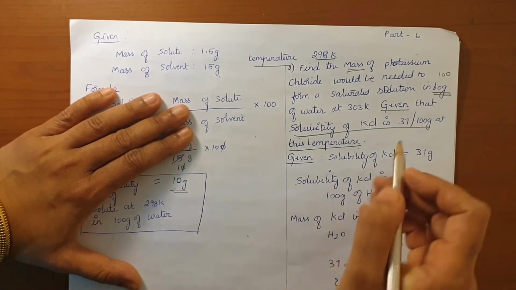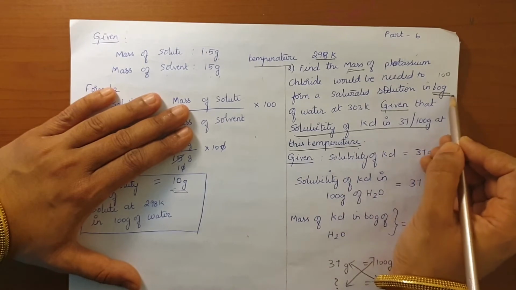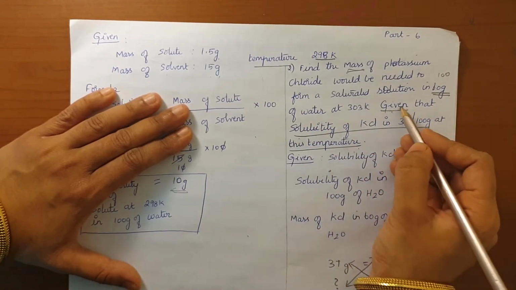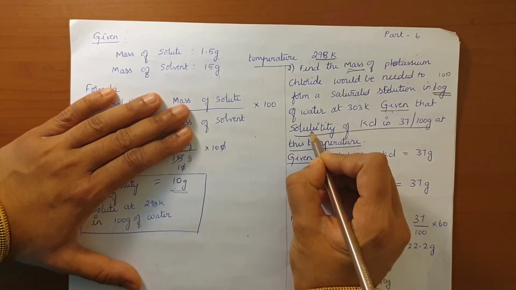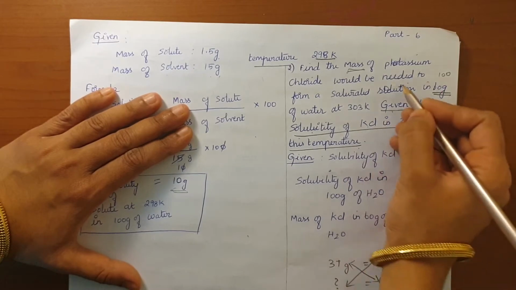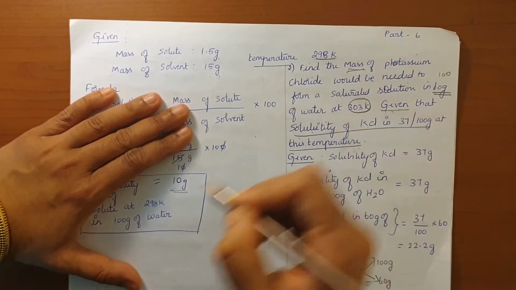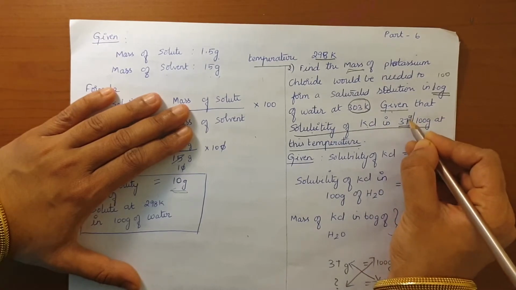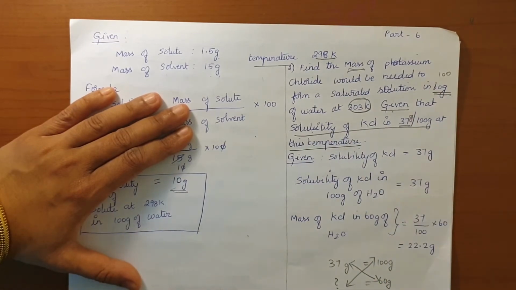Now, what are they giving you? They are giving you solubility of KCl at this temperature. At this temperature, the solubility of KCl is 37 grams. What does it mean?